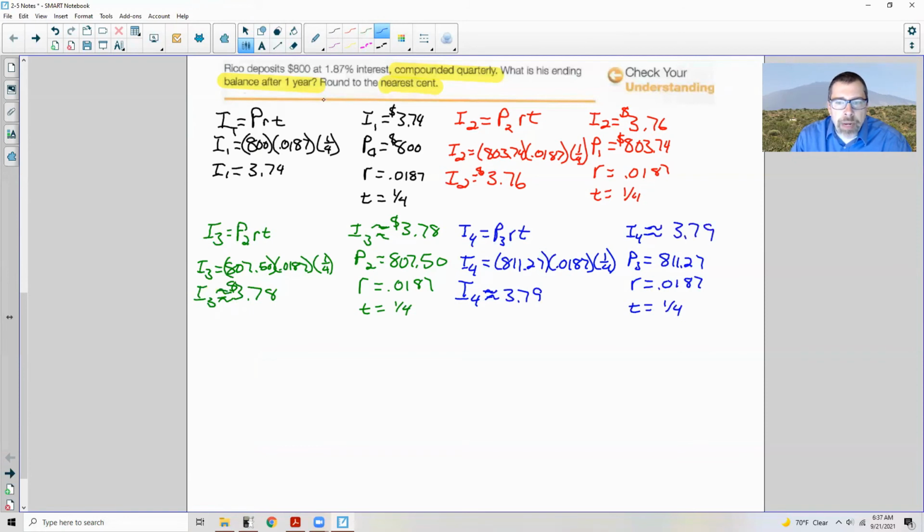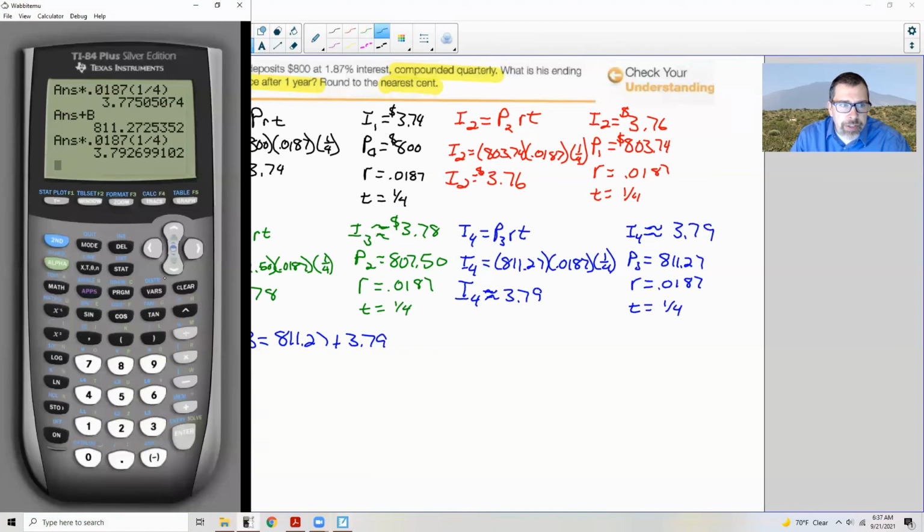What is the ending balance after 1 year? So what I want to do is take my principal from the third quarter and add it to I sub 4. So my final balance is going to equal my principal from the third quarter, which is $811.27. And I'm going to add 3.79.